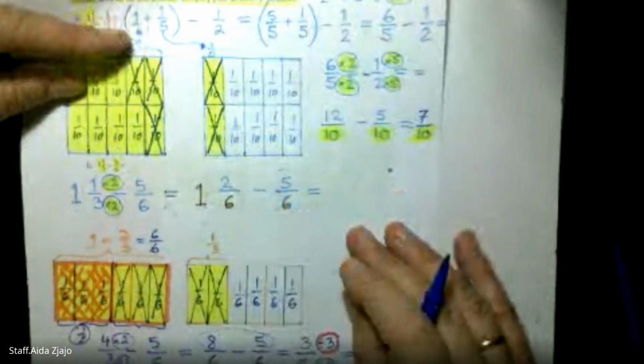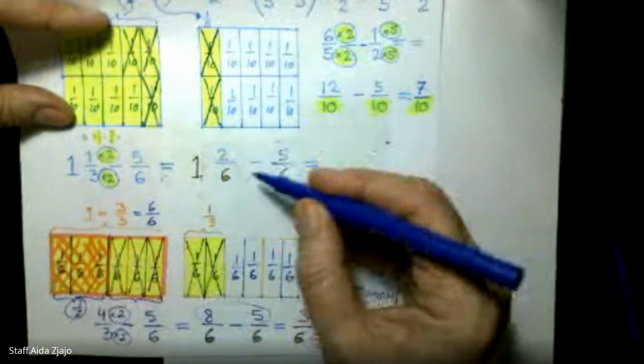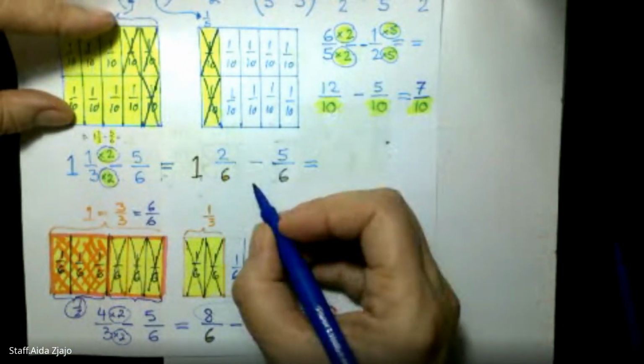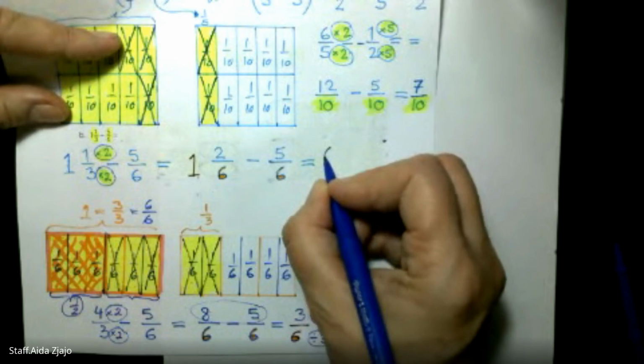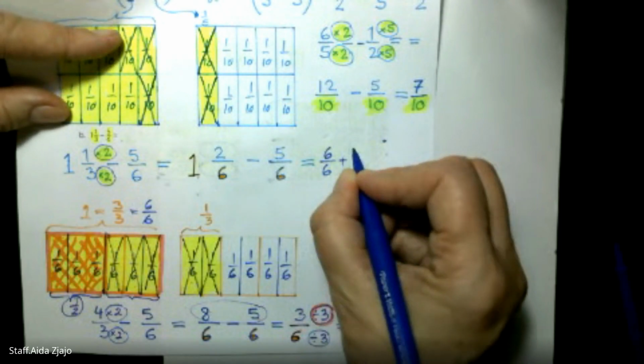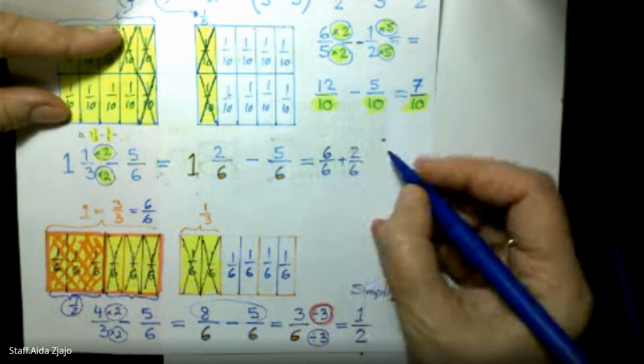Okay, let me give you an answer here. I didn't finish, and I like to finish all of what I have. So now I changed the whole, so I got 6/6 plus 2/6.